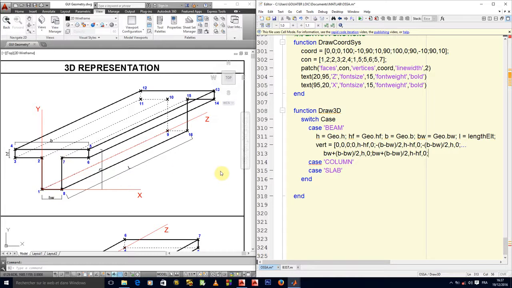So we'll have BW and then the same H minus HF following Y, and then 0 for Z. And what is left is 8 for this particular plane in front here, which will be BW following X, 0 following Y, and 0 following Z. So that was just for 8.